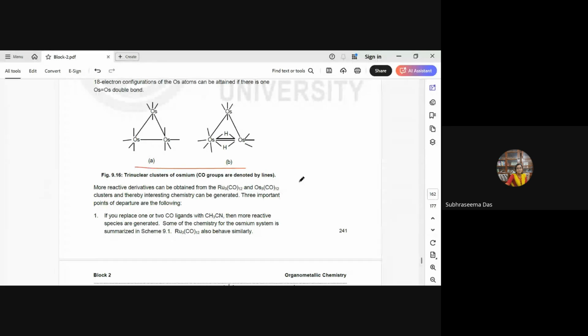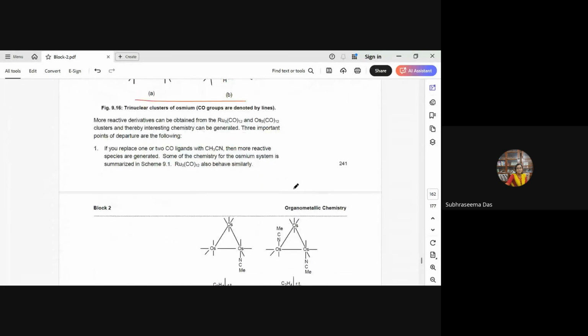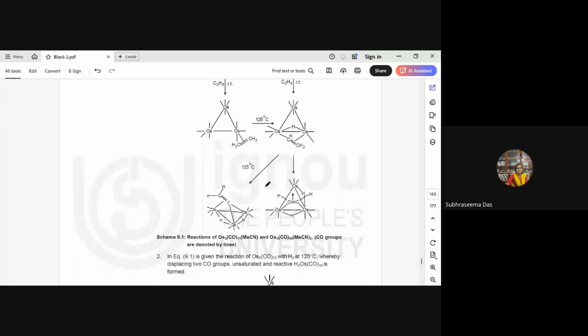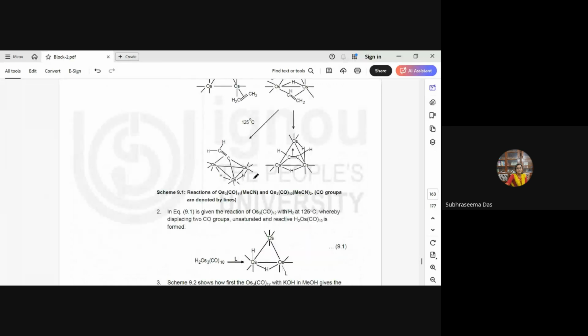Some important points are: if we replace one or two CO ligands with CH3CN, then a more reactive species is generated. Here is the cluster, and when one CO is removed and replaced by NCMe, we get a more reactive species which forms other new compounds.